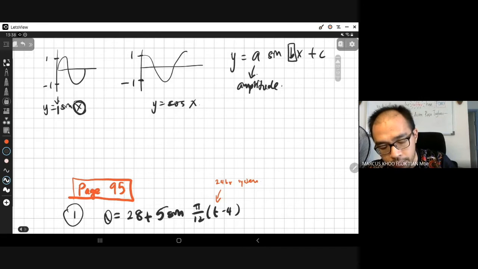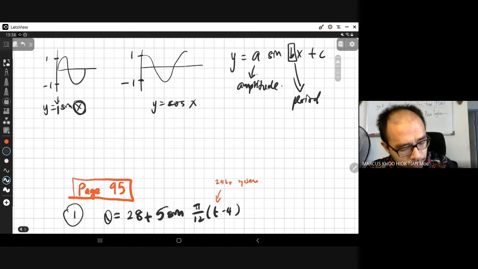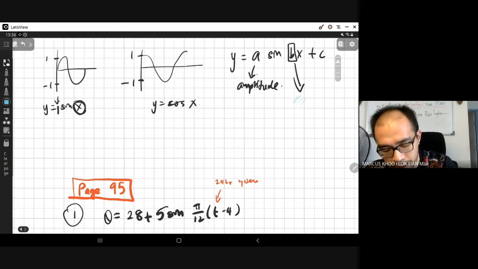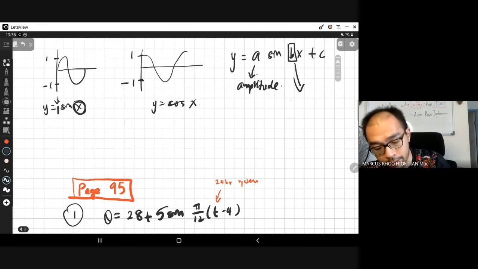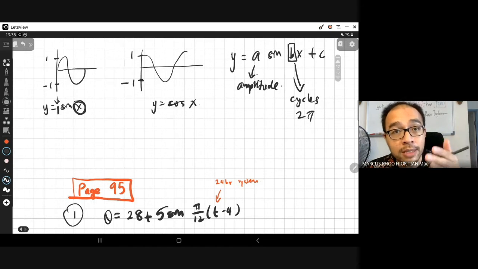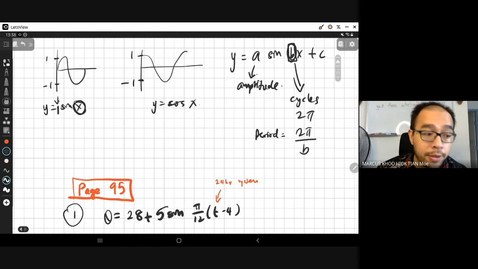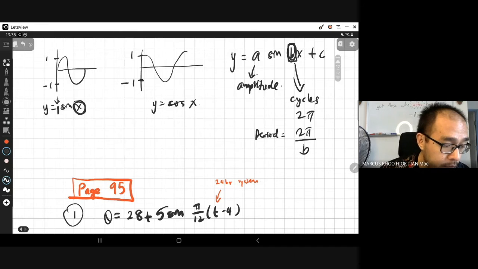This number refers to, sorry, not period, but basically how many cycles in 2 pi. And in the previous subtopic, we learned that from this letter B, we can calculate the period. Period equals 2 pi divided by whatever the number B is in front here.